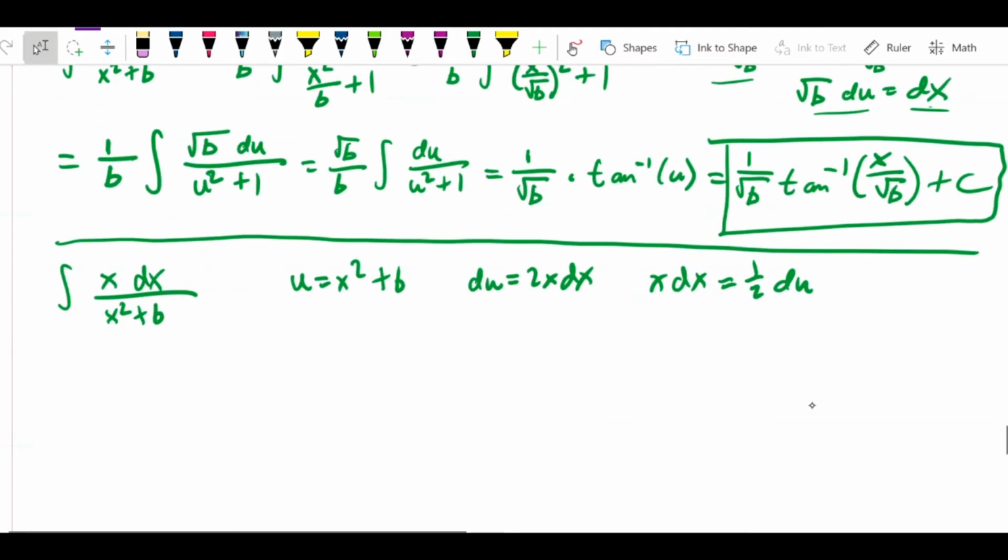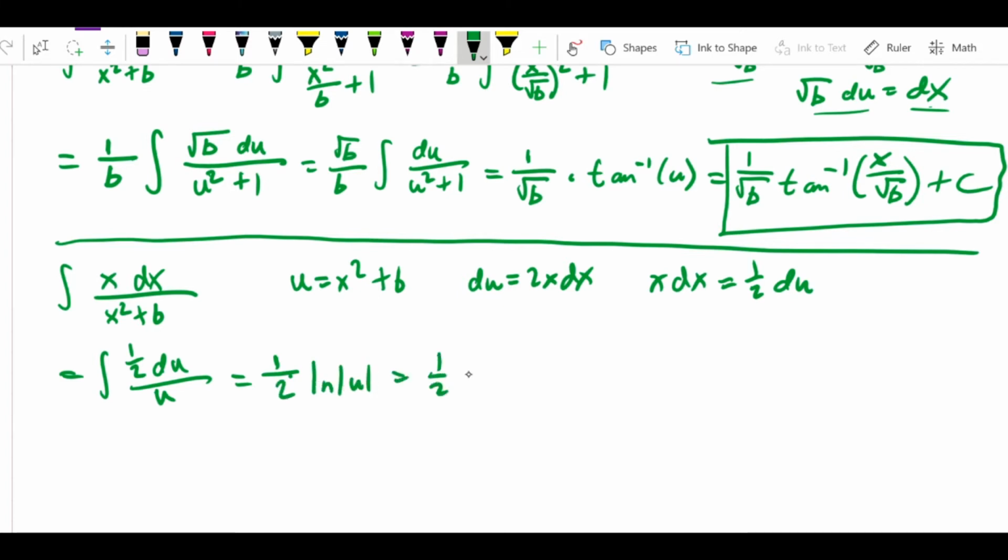That gives us the integral of 1/2 du over u, which is 1/2 ln of u, which is 1/2 ln of x squared plus b, plus c.